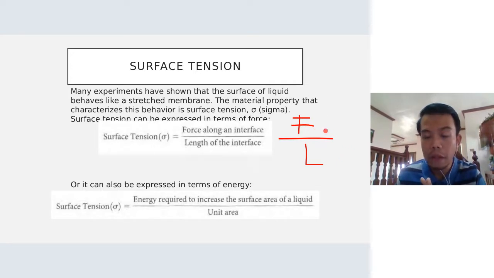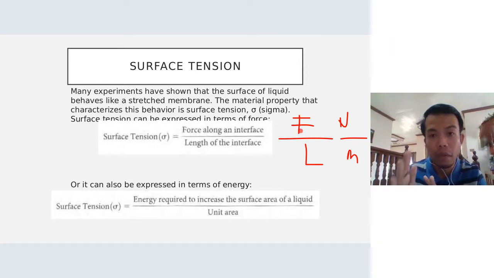The unit of force in SI is Newton, and the unit of length in SI is meter. So, an example of a unit of surface tension is Newton per meter. What about for English? For English, we have pound over foot. So that's the unit of surface tension.